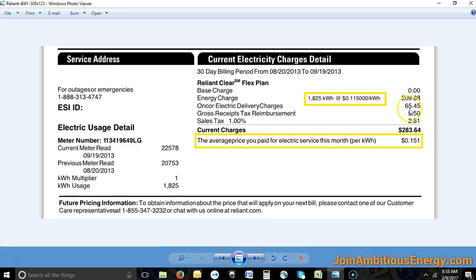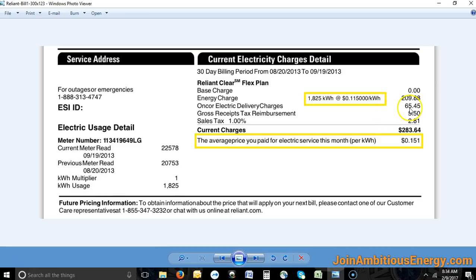Now, depending on what kind of plan you have, depending on where you live, this number could be drastically different. Your bill might show $15 for the delivery charge. Your bill might show $120 for the delivery charge. Basically, the delivery charge is also kind of calculated on how much you're using.